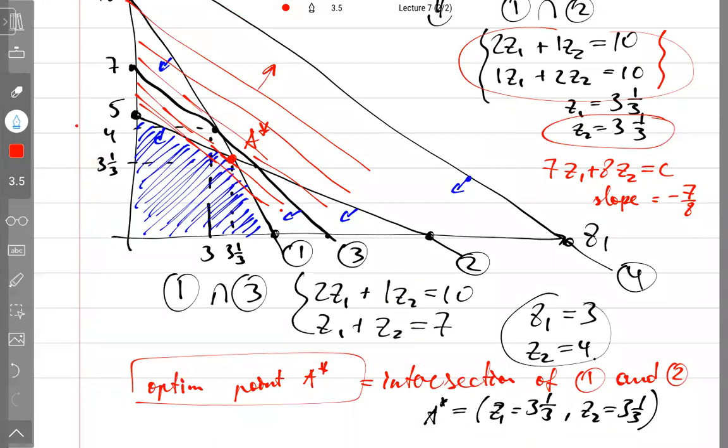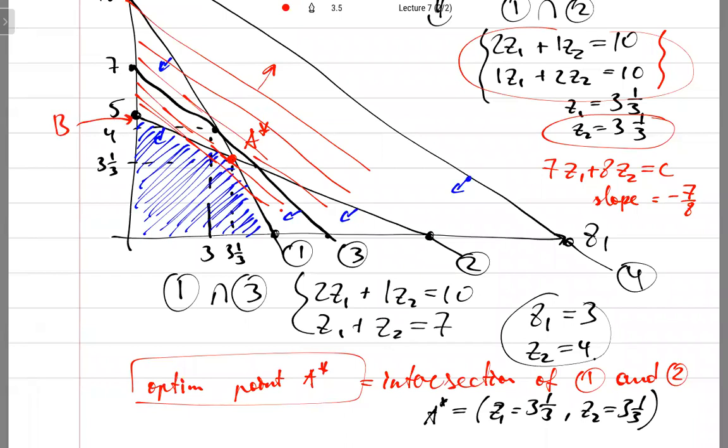Yes, we should pay attention to that point or to that point. When we live in a linear world, then with a small change of slope the optimum will be in B, or maybe the whole segment from A to B may be the optimal set. Do not forget that the optimum may not be unique. So in that case, you may have a whole segment from A to B as an answer.